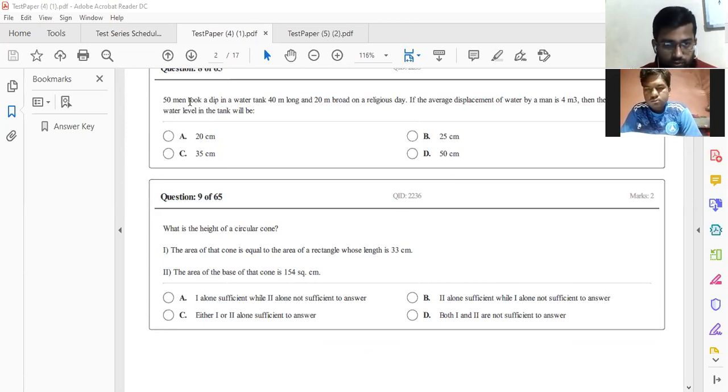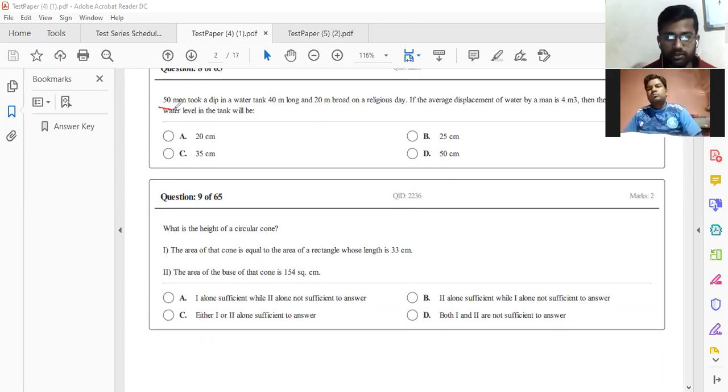Okay, so 50 men took a dip, and average displacement of water by a man is 4 meter cube. If displacement of water by a single man is 4 meter cube and 50 men are taking a dip.